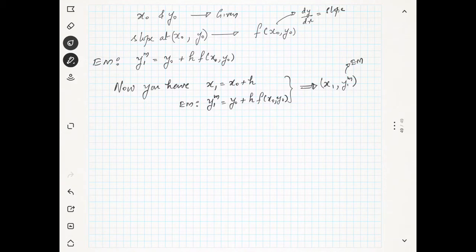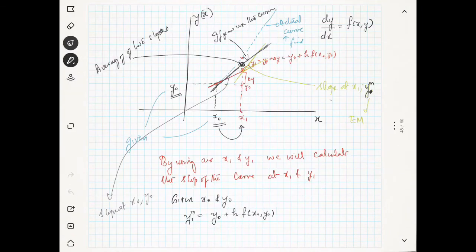Now we will find the average of these slopes. How to find the average of the slope? You can see here I have shown, this is the first slope, and this is the slope at the second point, and this is nothing but the average.